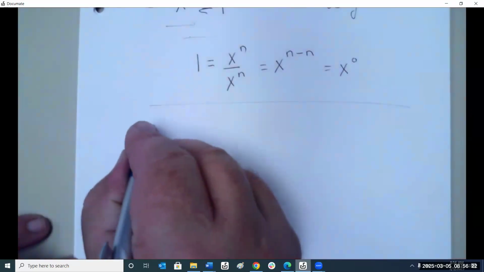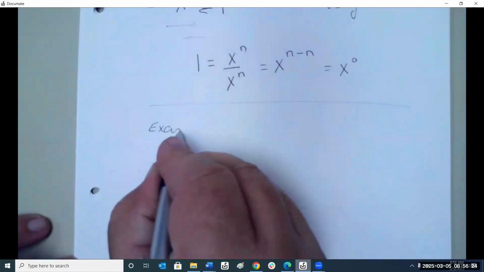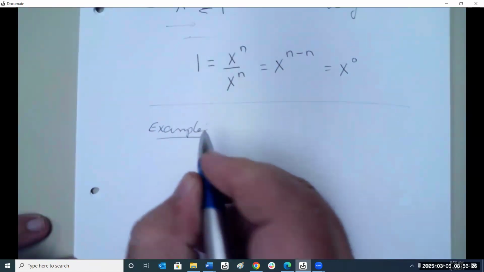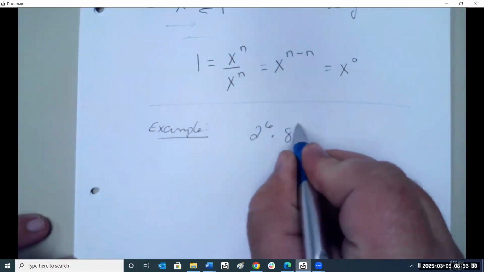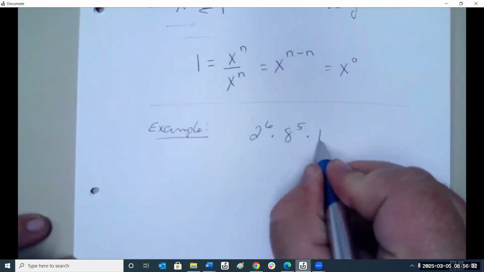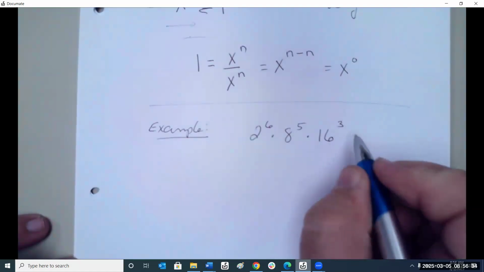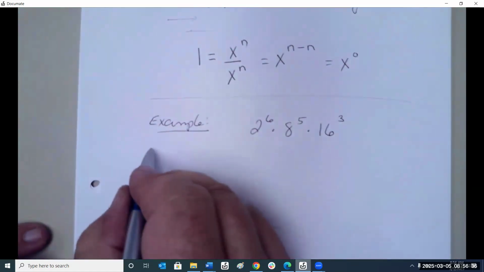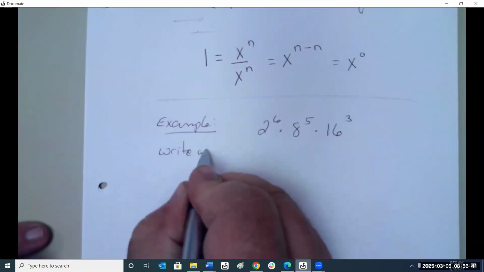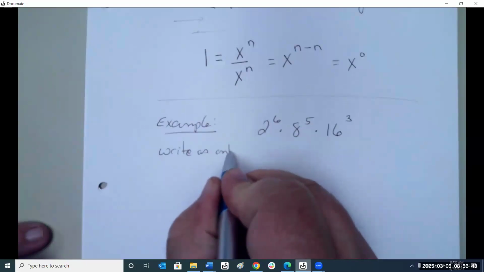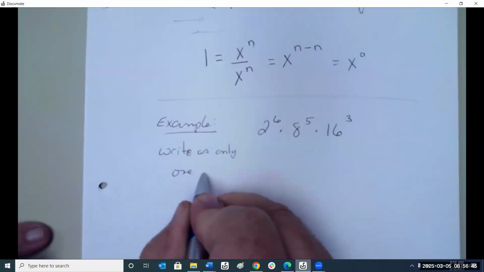Here's an example. With what we've discussed so far, it has only one exponent.